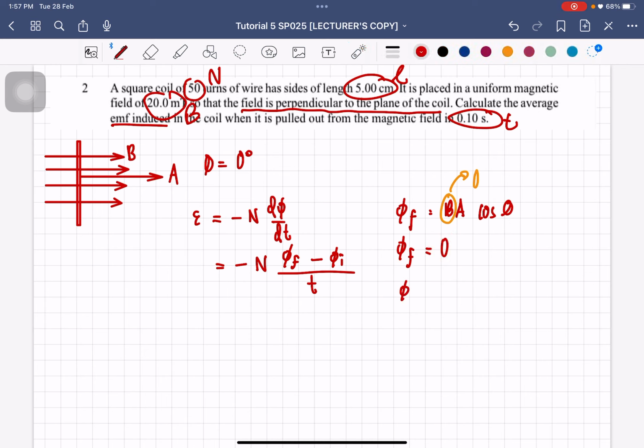For the initial flux, it is BA cos theta as well, and the magnetic field is already given in the question, which is 20 milli.